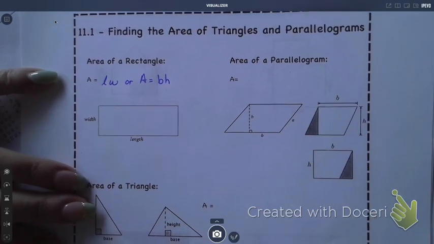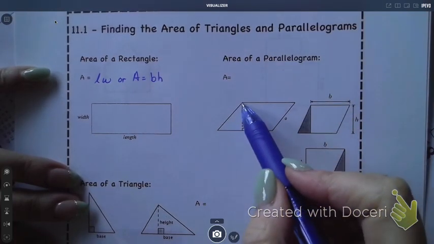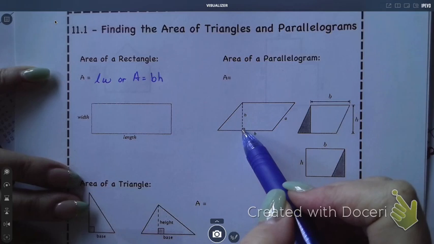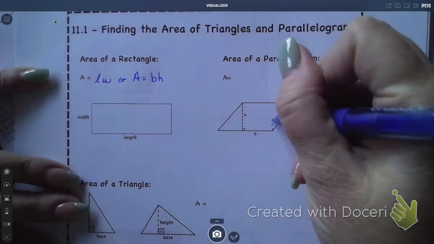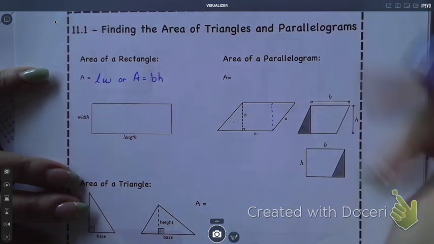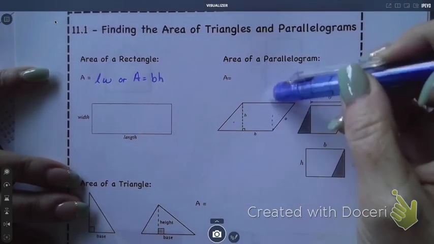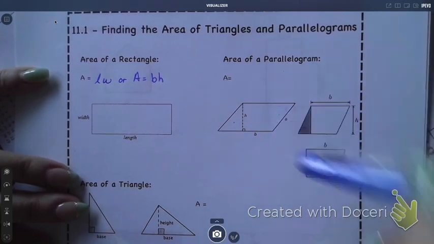So now we're going to look at a parallelogram, and I would like you to look at the drawings. If I made a right triangle right here, I cut this, and I actually could cut this into just a rectangle and two right triangles, couldn't I? And add them together. But what happens if I would cut this triangle off and place it over here? What do I get?